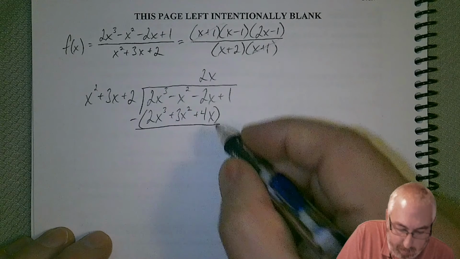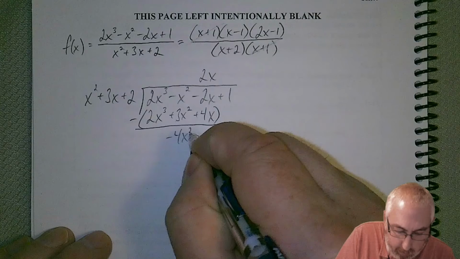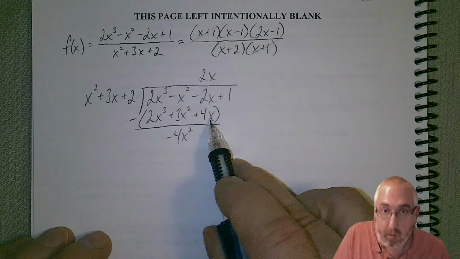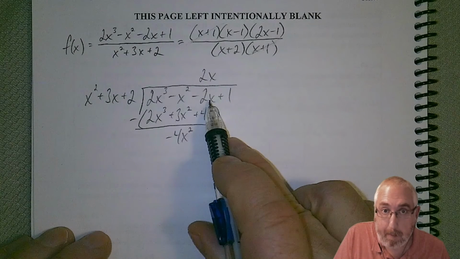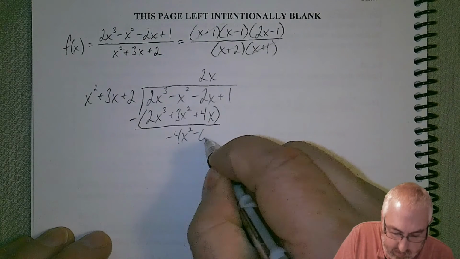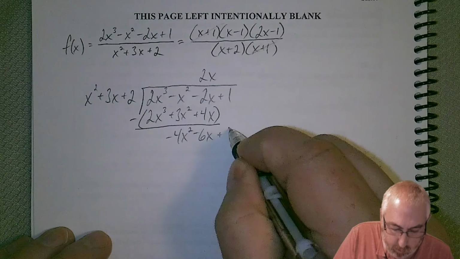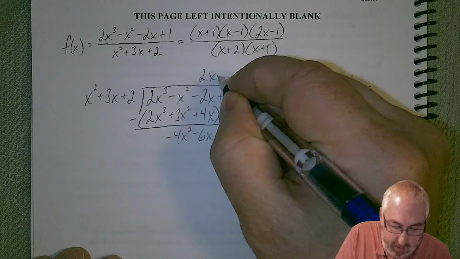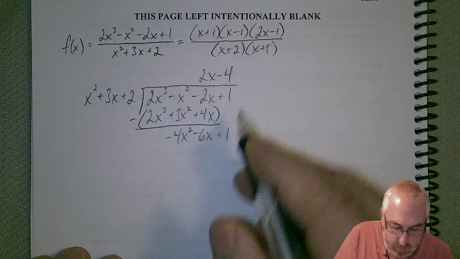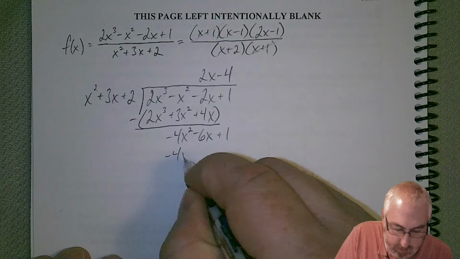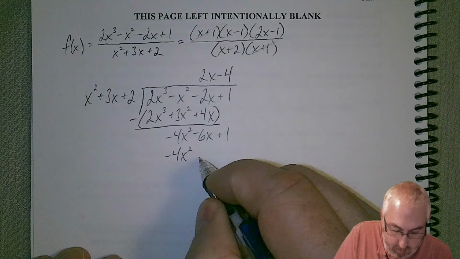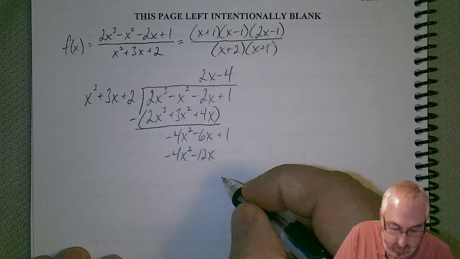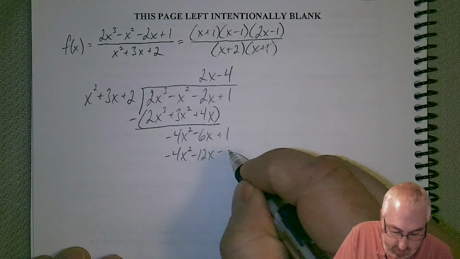So that's going to be a minus 4x squared. And we'll have a minus 4x and a minus 2x is a minus 6x plus the 1. And so now we're going to have to get a minus 4. So that'll give us a minus 4x squared minus 12x minus 8.